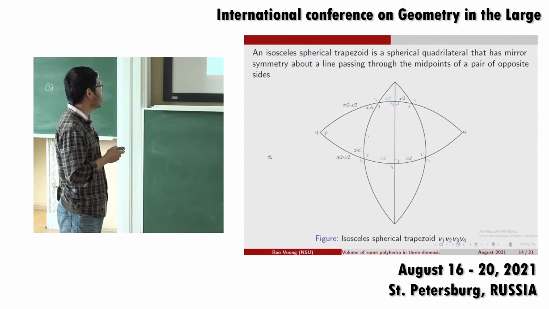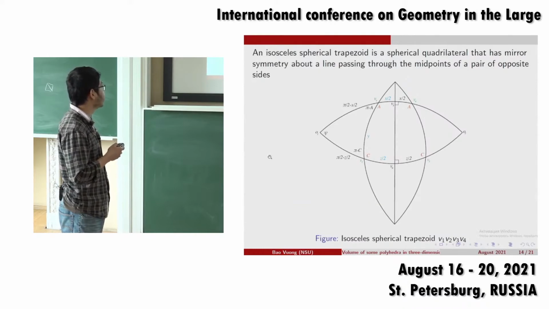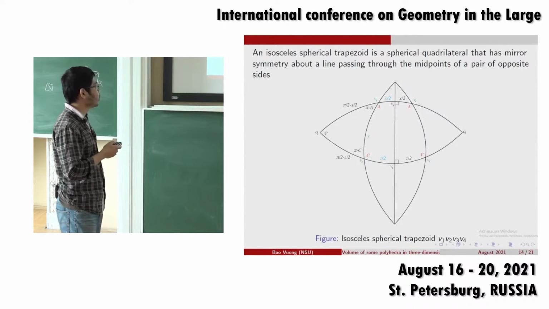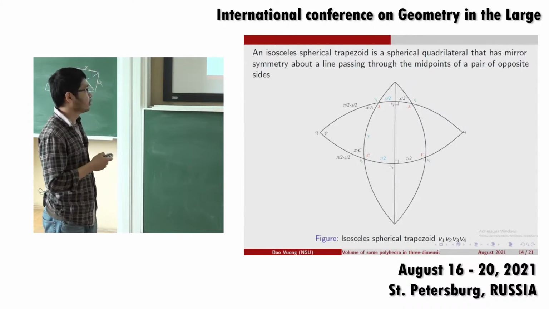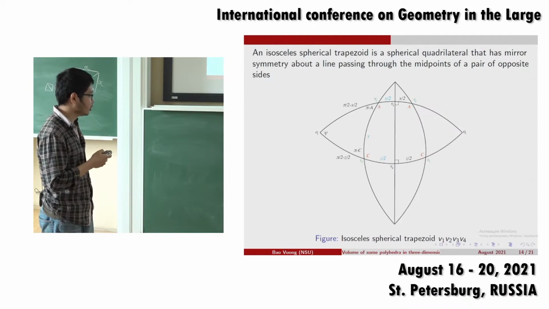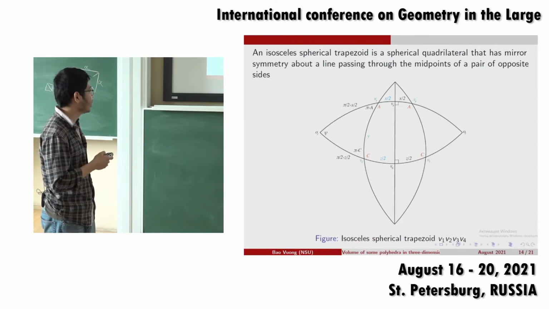Now we consider the spherical isosceles trapezoid shown here, and study it on the two-dimensional sphere in three-dimensional Euclidean space.